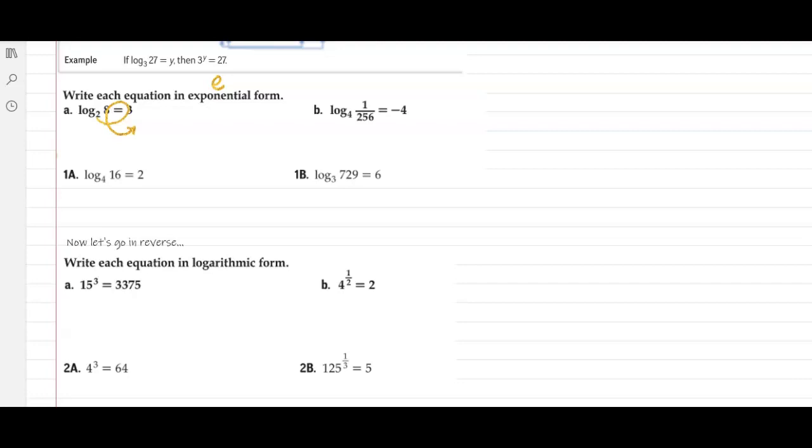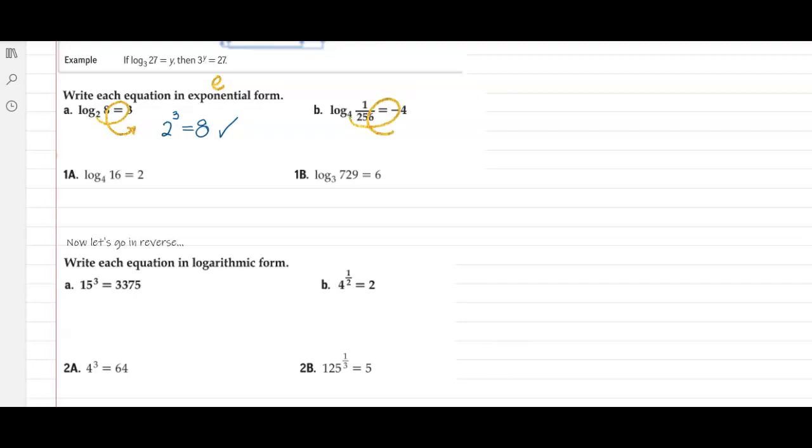We're going to start with 2, then we go over to 3, that's our exponent, because remember our logarithm is an exponent. Then as we come back around this curve, we're passing over the equal sign, 8. Do you agree? Is 2 to the third power 8? It sure is. Let's try this next one.